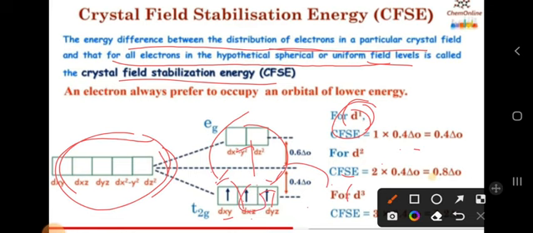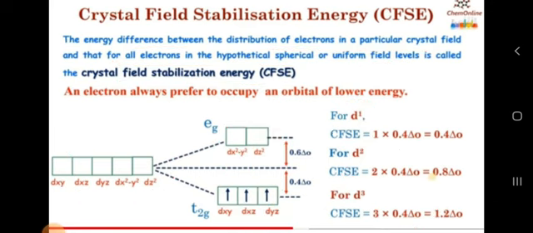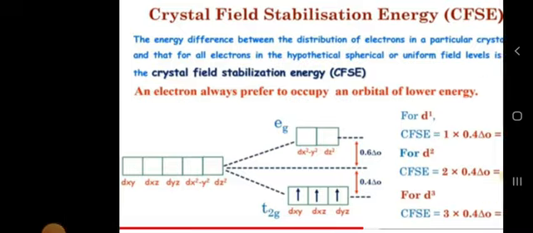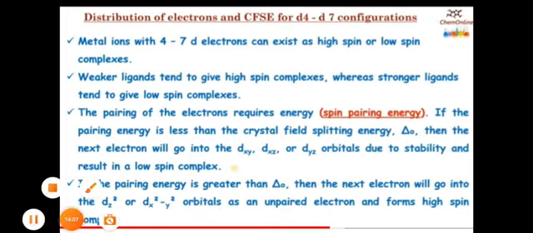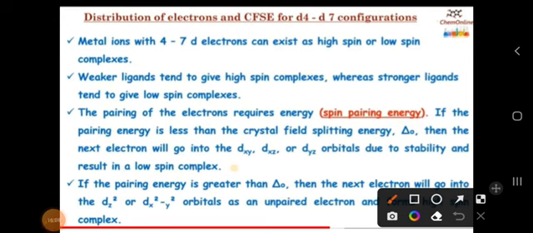If you take 2 electrons, d2, 2 into 0.4 delta naught. If you take 3 electrons, that will be 3 into 0.4 delta naught. If you take d4 to d7, metal ions with d4 to d7 electrons will exist as high spin, and in the same way low spin.